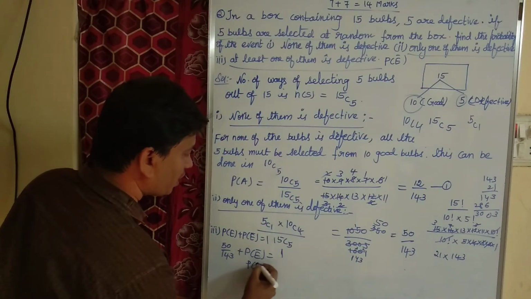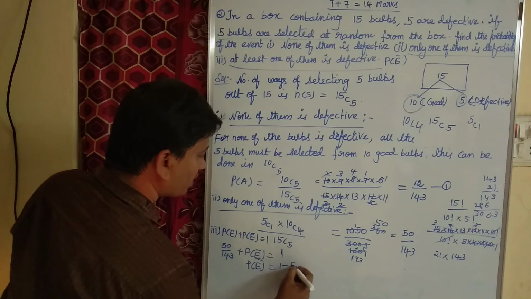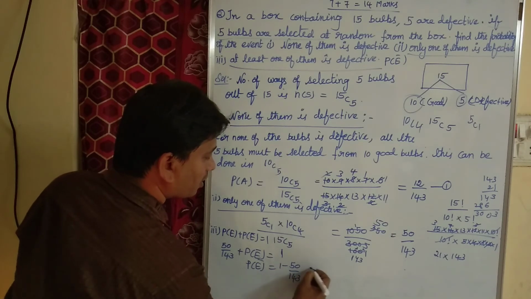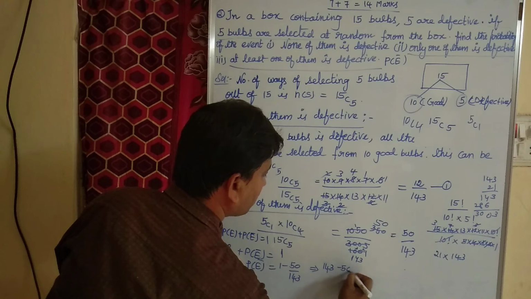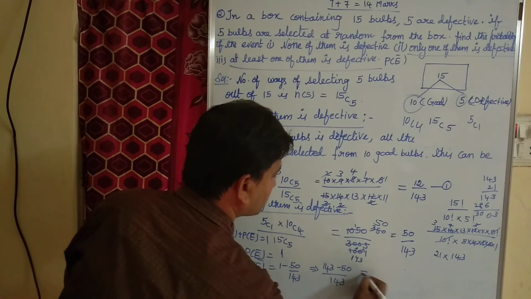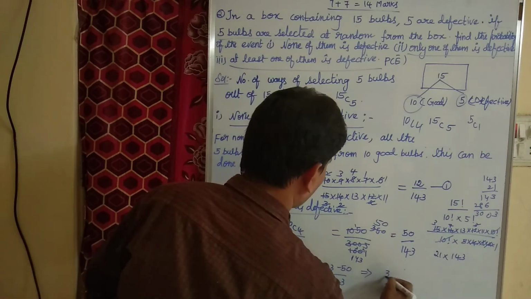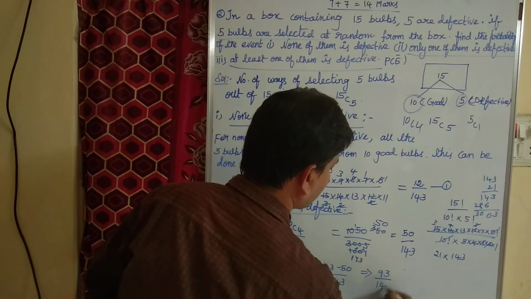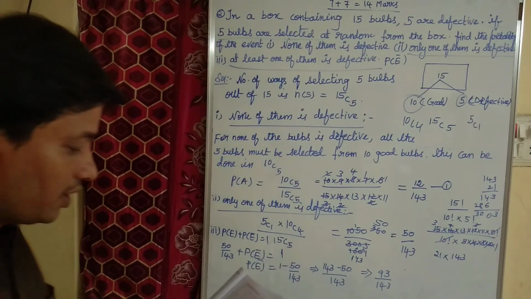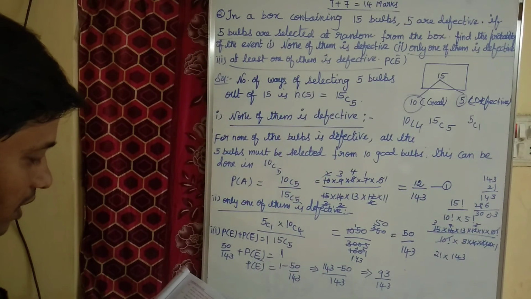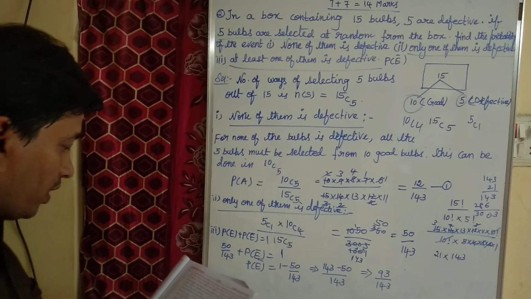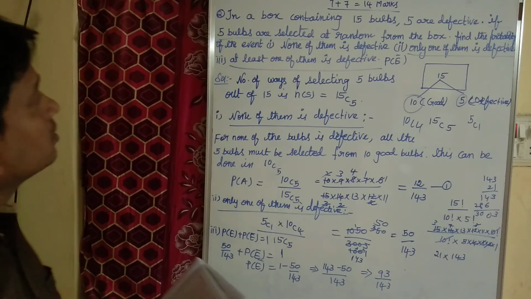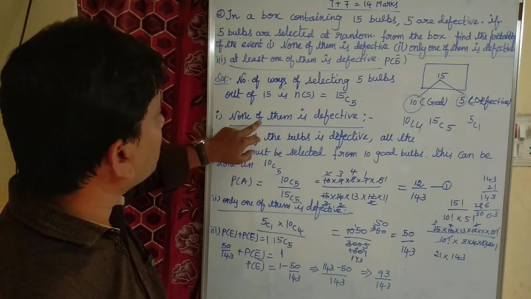Transpose. So P of E bar equals 1 minus 50 by 143, that is 143 minus 50 by 143. At least one of them is defective.